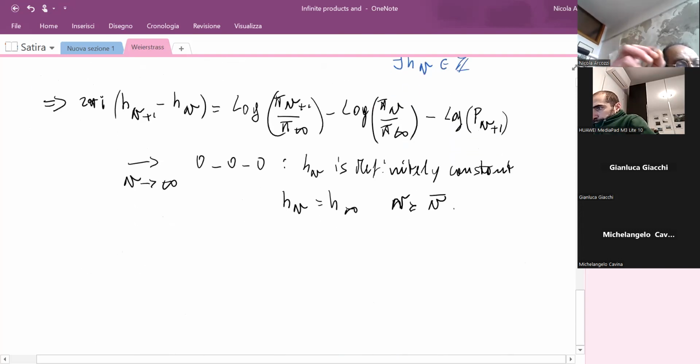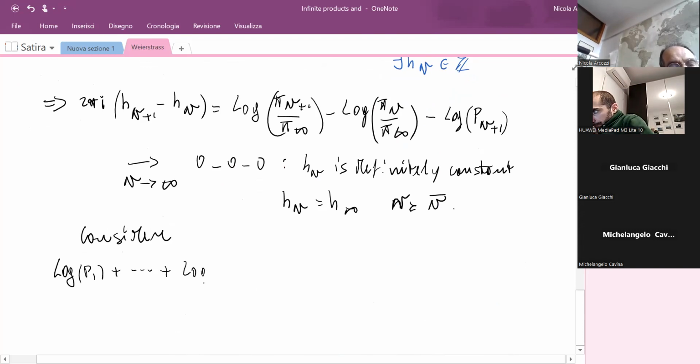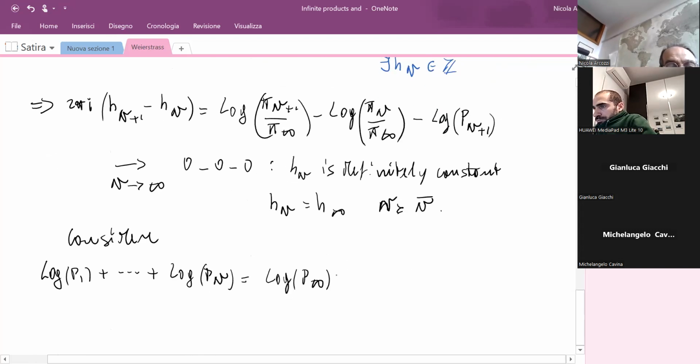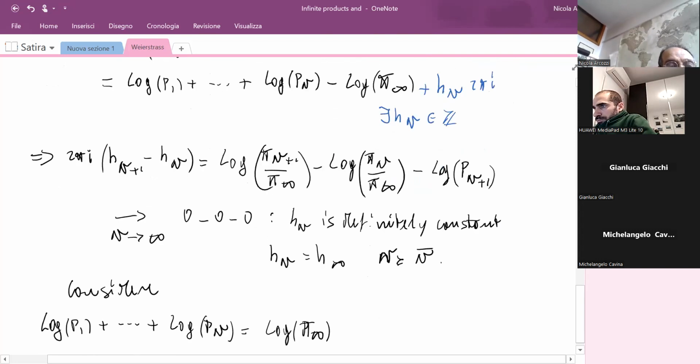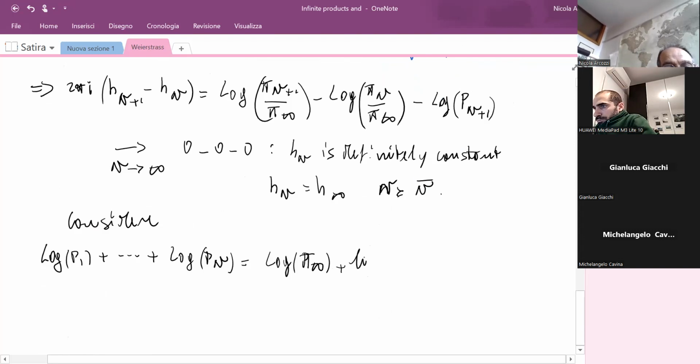So I consider the sum of the logarithms, the partial sum, log p_1 plus blah blah blah plus log p_n, and that's equal to, by this relation here above, log p_infinity plus log of p_n over p_infinity minus h_n 2 pi i.